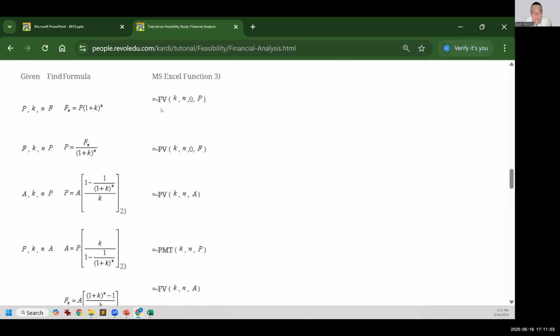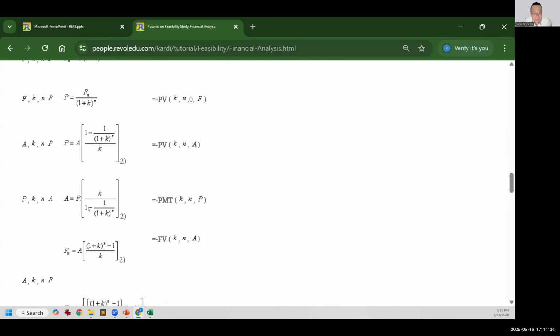So anything that involves a future value, FV, is based on the interest and the years, and P here is the present value. This one you need to put 0 because this represents the payment. So if you are talking about the payment, A here is the third parameter.